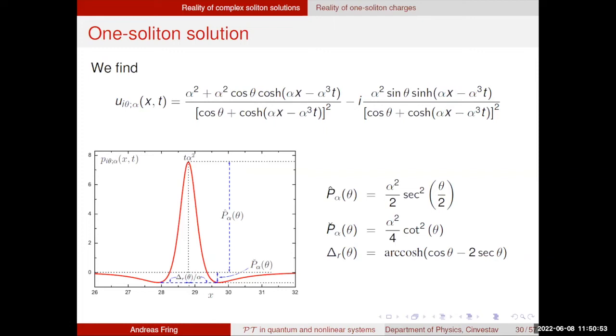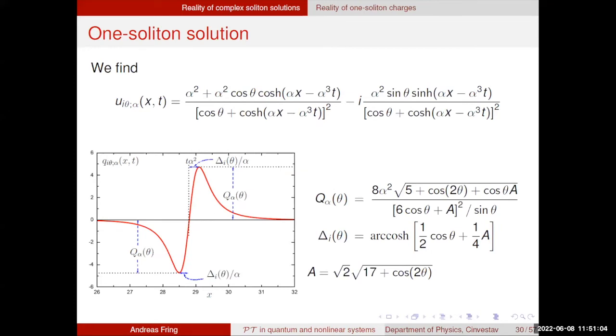And here's the plot. The one-soliton just looks more or less like a normal soliton, but it has these little wings here, and there's now also an imaginary part. So everything is known explicitly. And they depend on this parameter over here, theta.